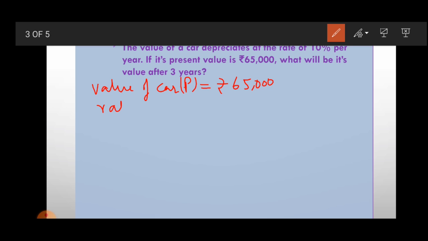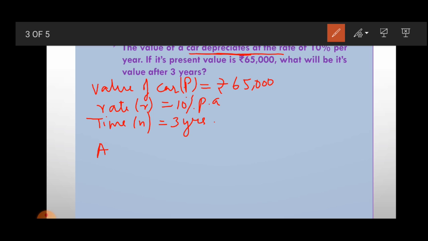Rate is 10% per annum and time is 3 years. Now here growth rate is negative. The value of the car depreciates with time.